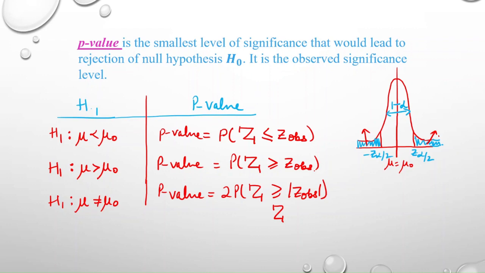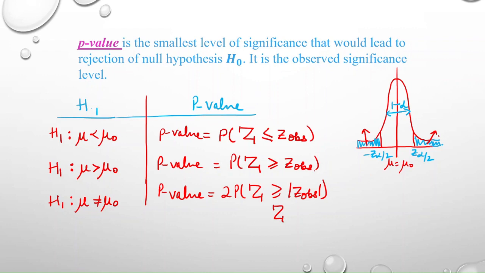So the p-value is equal to twice the region; we are just adding that particular area again. We all know how to calculate this for the normal distribution, the standard normal variate, and how to find P of z less than or equal to the observed value. It is the same one, and you can calculate it easily.